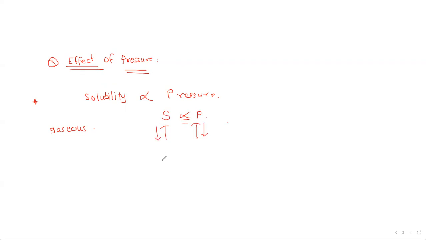To equate this, I will write S is equal to KH into P, where KH is nothing but the proportionality constant. As we know, we take proportionality constants when equating any equation. So the proportionality constant is KH, also called Henry's constant.